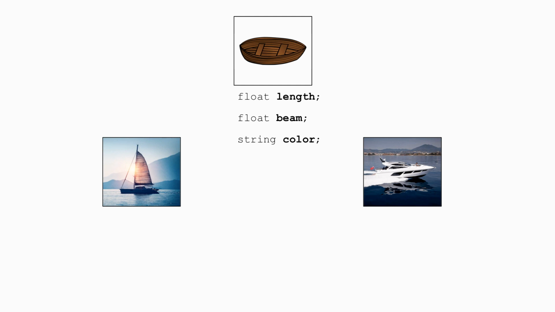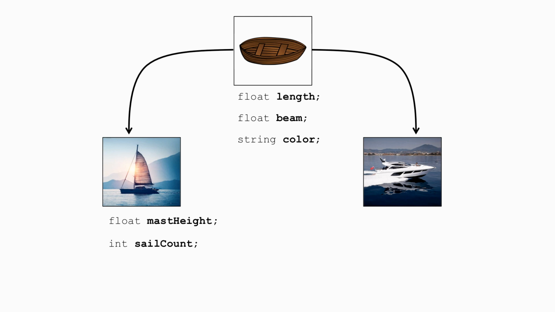Then both the sailboat class and the powerboat class would not only be able to inherit properties of the boat class, but they could also augment the features of a boat with the fields that are pertinent to sailboats or powerboats, respectively. So our sailboat subclass could now have the mast height and the sail count fields, and the powerboat class could have the horsepower field.